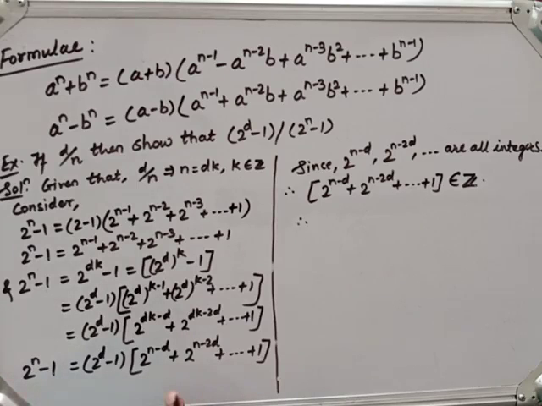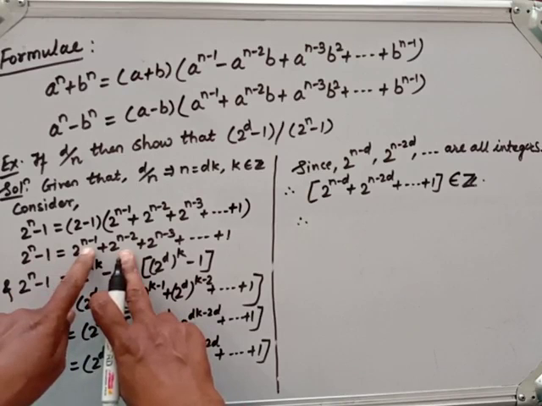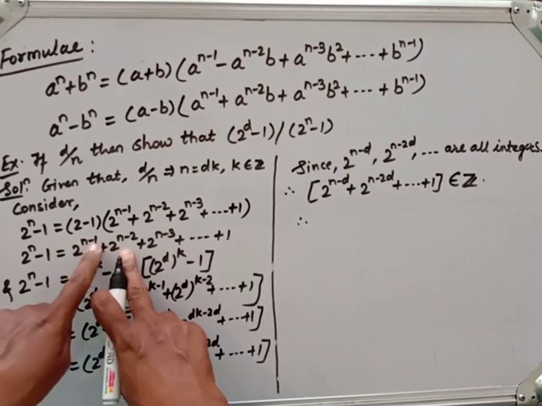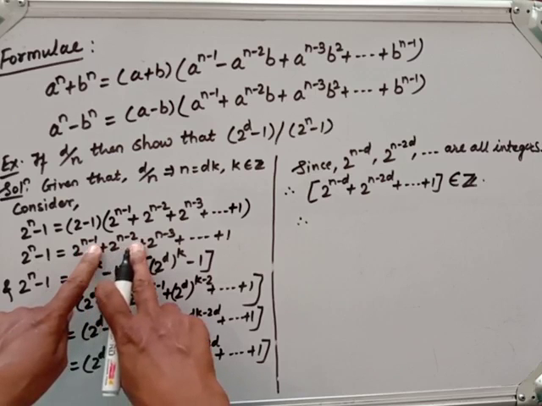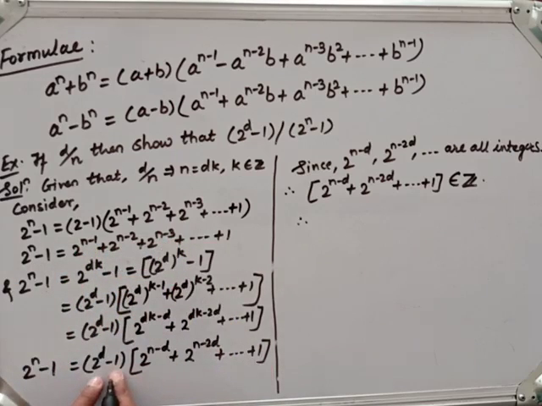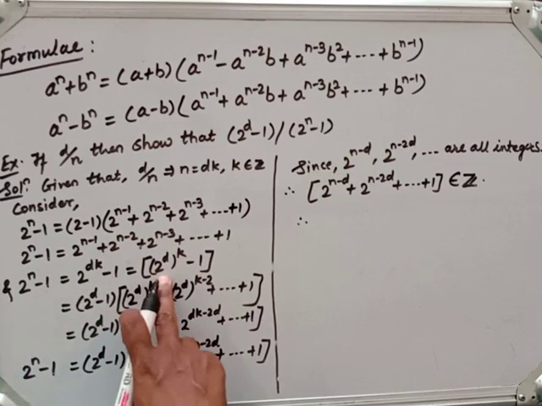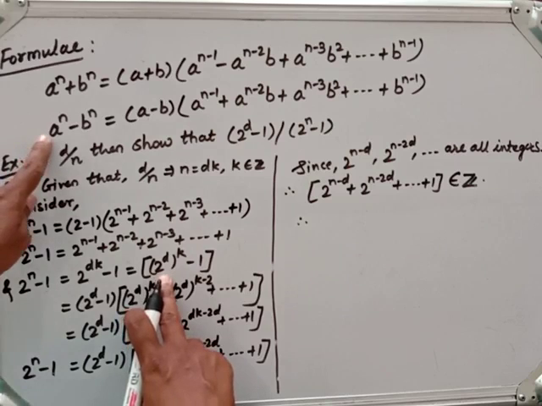So here, from this part we cannot show it. Look at here. If I write n as dk, then it will be 2 raised to dk minus 1, 2 raised to dk minus 2, 2 raised to dk minus 3, as such. But we cannot take this term common. That's why I go as such. Again here I have considered a as 2 raised to d.